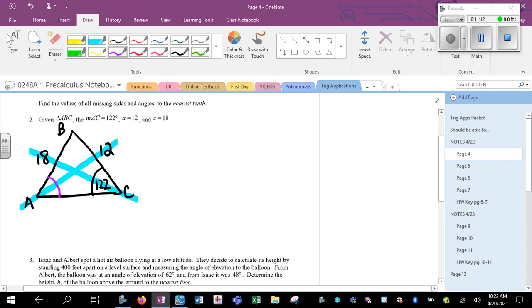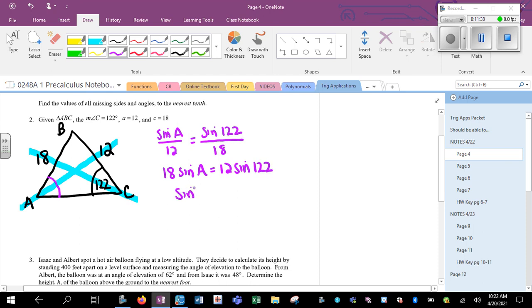So when we're looking for an angle, this is where your inverse trig comes into play. So I'm going to say the sine of angle A over 12 equals the sine of 122 for angle C over 18. Cross multiply, get the sine of angle A all alone.